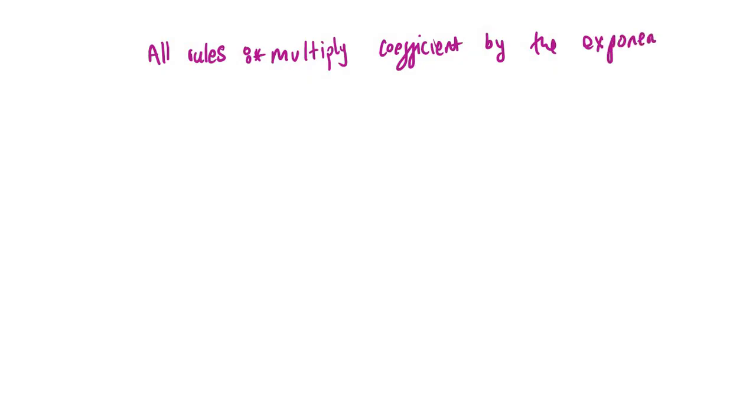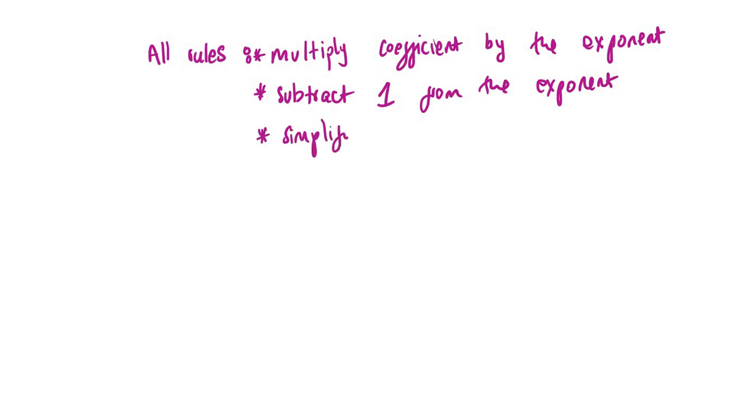That is the first step of the rule. You multiply the coefficient by the exponent. And then after that, subtract 1 from the exponent. And then simplify if possible. Simplify to leave the answer with a positive exponent.